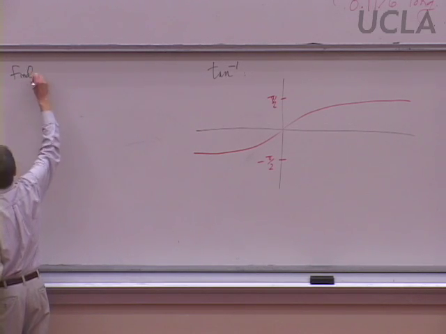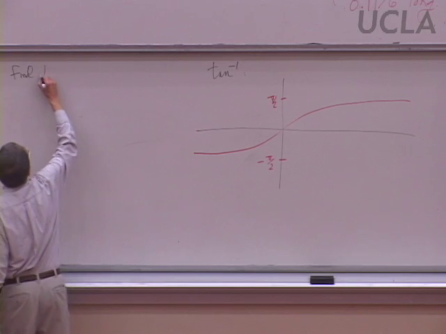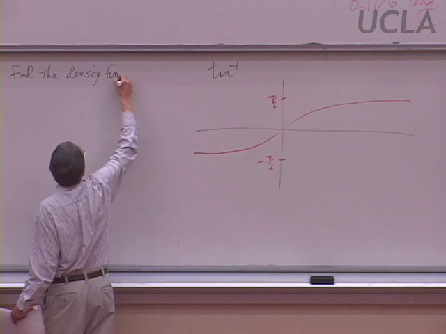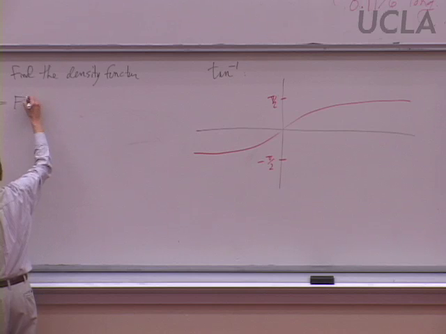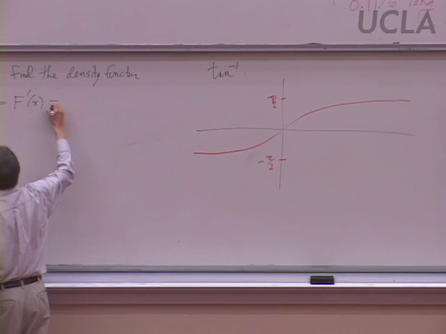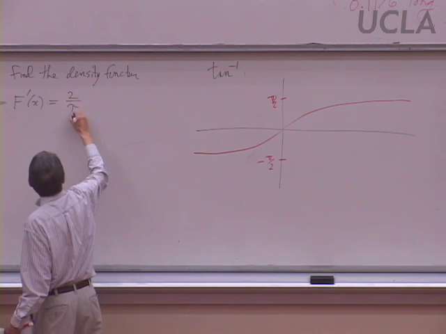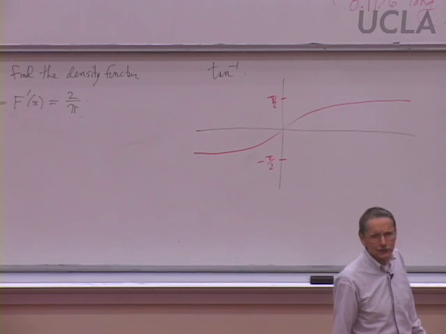So to find the expected value, first we'd like the density function. And we know that's going to be the derivative of capital F. Okay, so we take the derivative. 2 over pi times the derivative of the arctangent function.